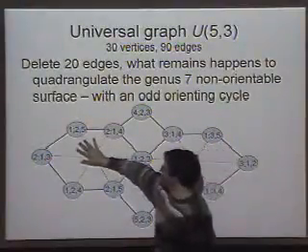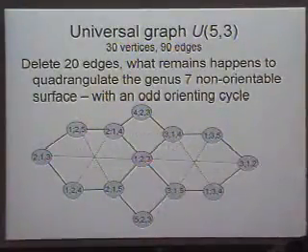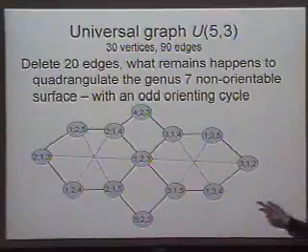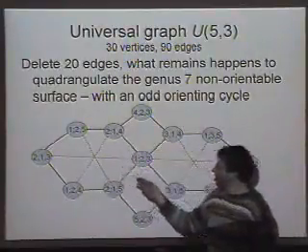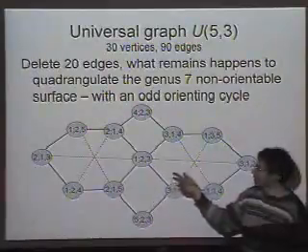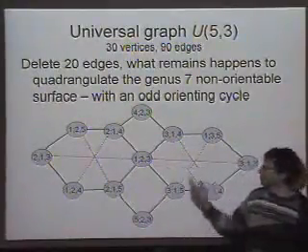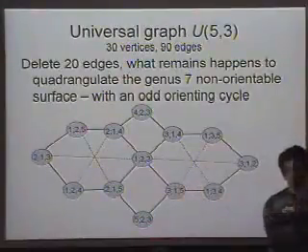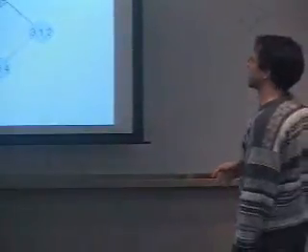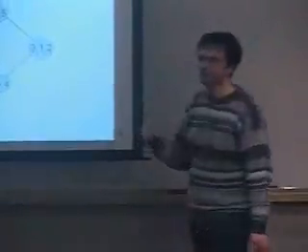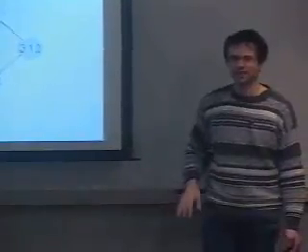So if you remove these edges, then you have this very nice thing that is locally, not quadrangulation, but it locally embeds into some surface. And then you just have to figure out what surface it is, and it turns out that the Euler characteristic is easy to figure out, and it's -5, and the only surface with Euler characteristic -5 is the genus 7 non-orientable surface, so this is it.